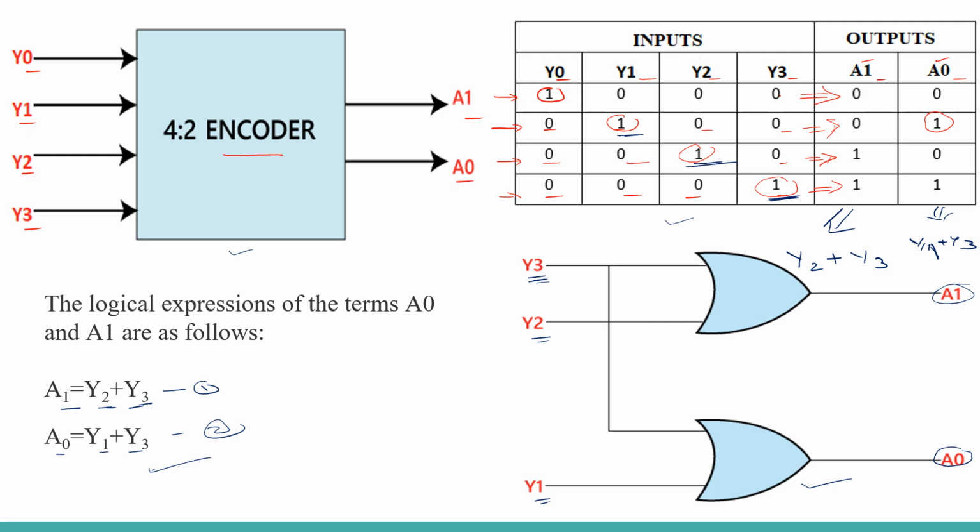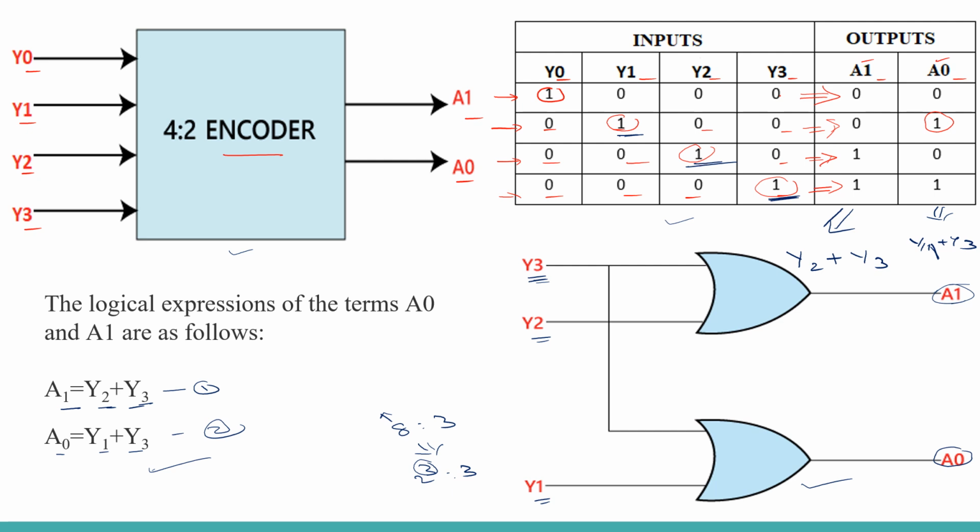The same concept can be extended to the 8 to 3 encoder also. 8 to 3 can be represented as 2 power 3 into 3. So 8 is the number of inputs and the number of outputs is 3.